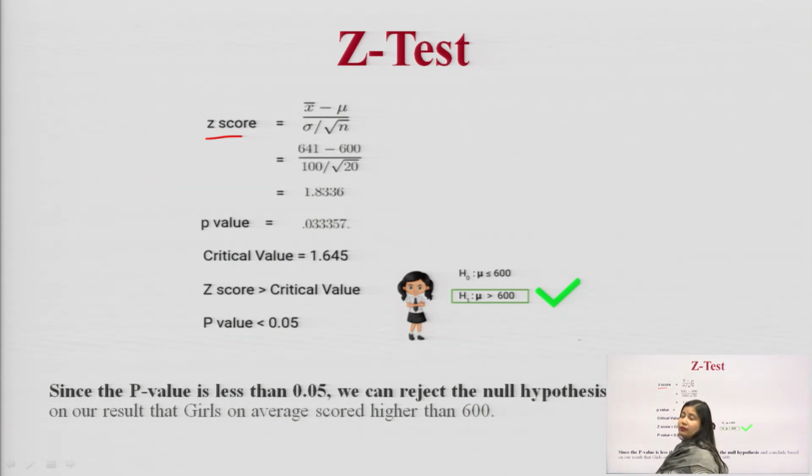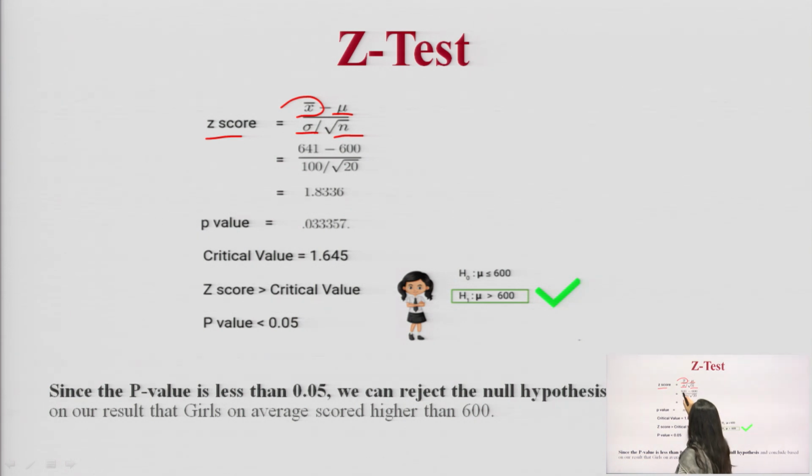The formula of the Z score is x bar minus the population mean, divided by sigma, the standard deviation, over the square root of n, where n is the total number of observations, or the sample size, and x bar is the sample mean.